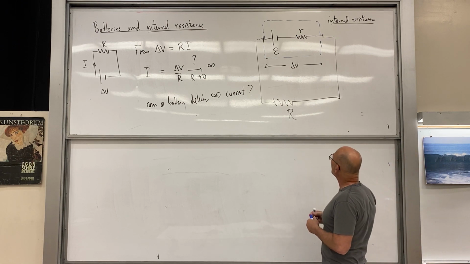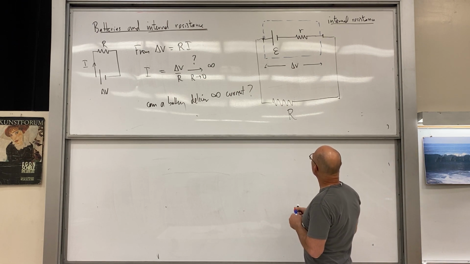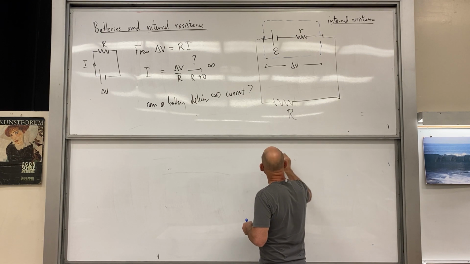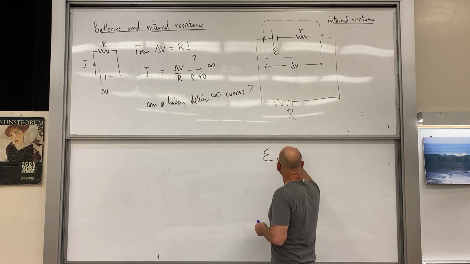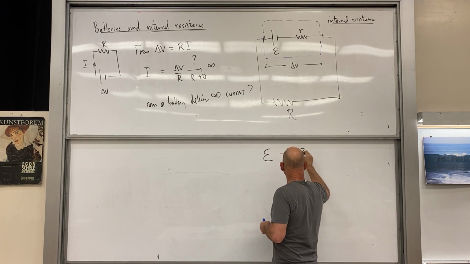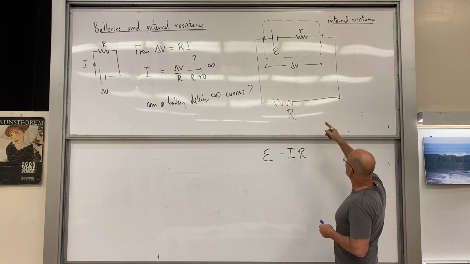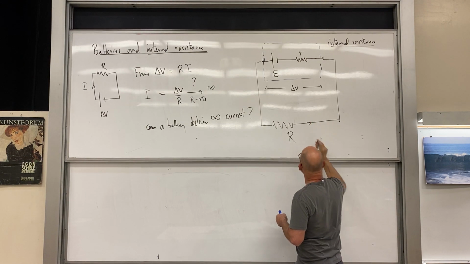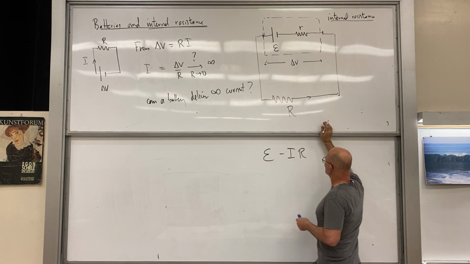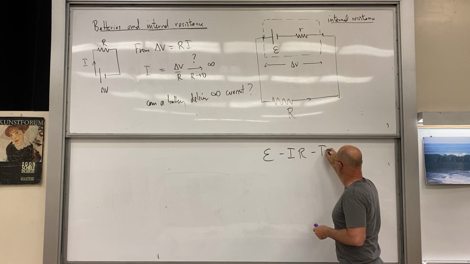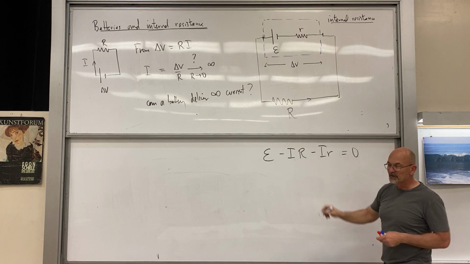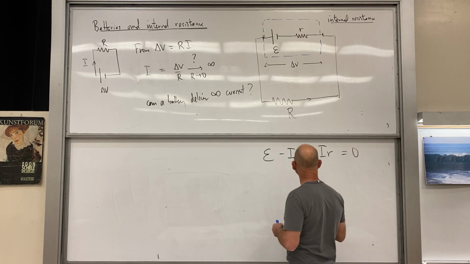So now what do we have? We have E minus IR. And if we complete the circuit, right, we've got the direction flowing this way, complete the circuit, we have minus I lowercase r is equal to 0. Okay.